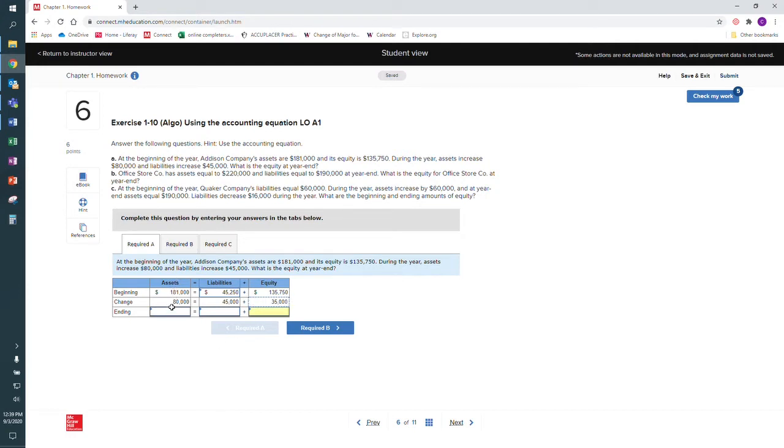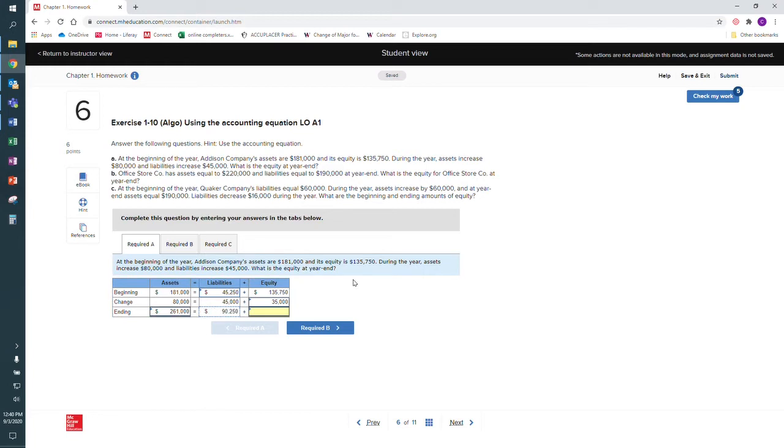Now, I'll add my assets and liabilities and the equity, and then across the bottom I need to make sure that the accounting equation still says assets still equals liabilities plus equity. So $181,000 in beginning assets plus $80,000 in assets added means that I should have ending assets of $261,000. $45,250 in liabilities plus the $45,000 we added during this period would mean that my liabilities are now $90,250.